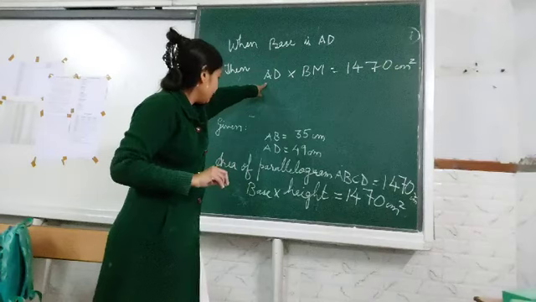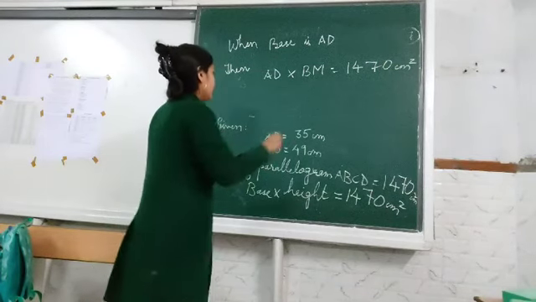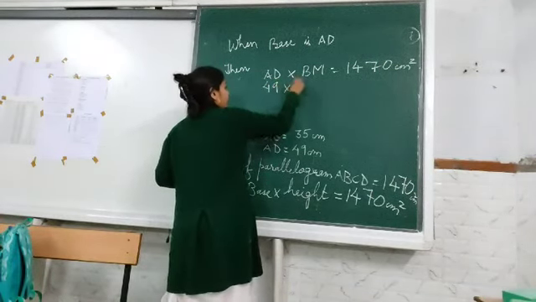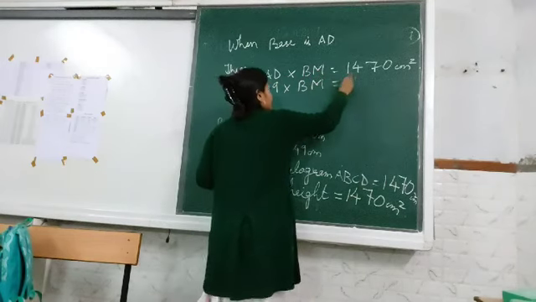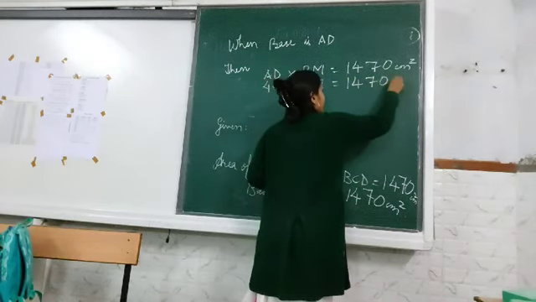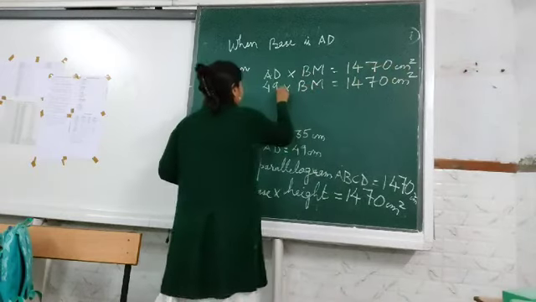Now how much is AD? We have written here. AD is 49. So 49 into BM is equal to 1470 centimeter square. This is also centimeter.